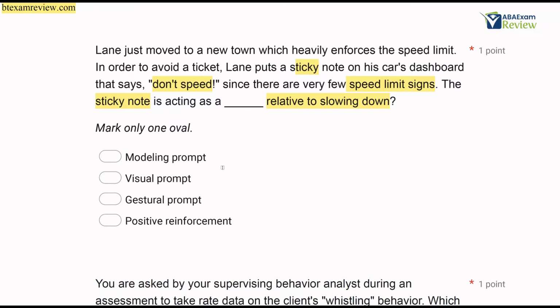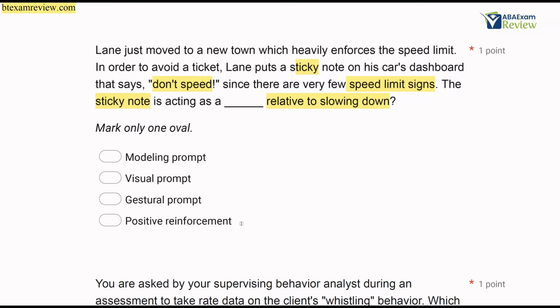Is it a visual prompt? Yes, it is a visual prompt. It's a sticky note. It's acting as a visual reminder for Lane to slow down because the town enforces the speed limit heavily. Is it a gestural prompt? A gestural prompt is a motor movement that is indicating what you want done. Clearly, the sticky note is not any sort of motor movement.